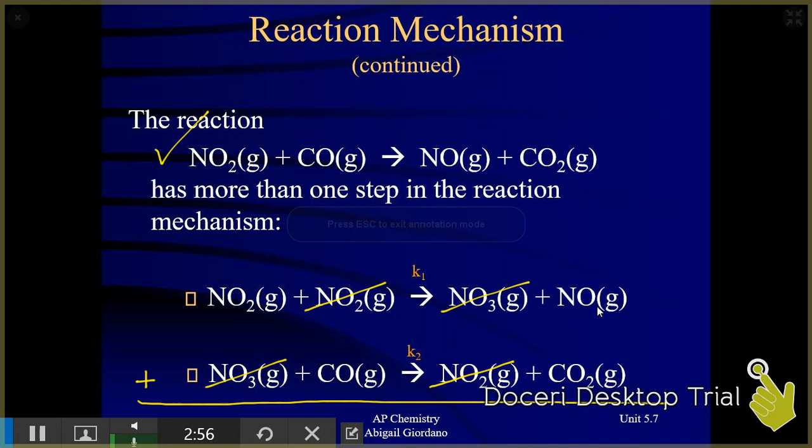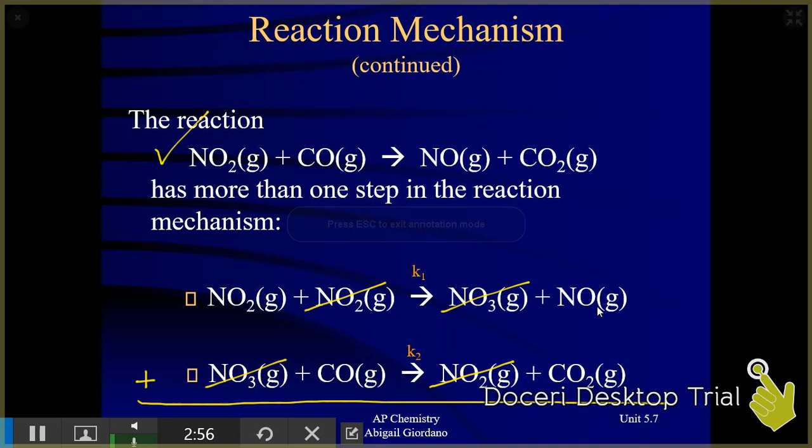If you're given a reaction, how are you going to know that it's an elementary step and not an overall reaction? They will tell you. They'll either say the following elementary step, or they'll show you multiple elementary steps and say the following reaction mechanism. If you see that term, that means everything below it is an elementary step.